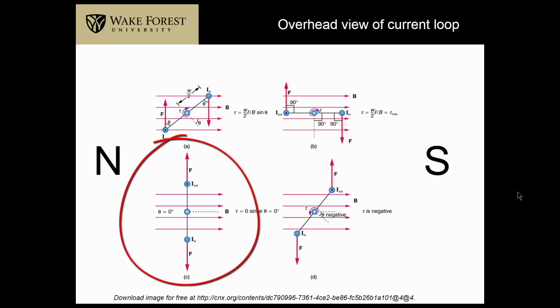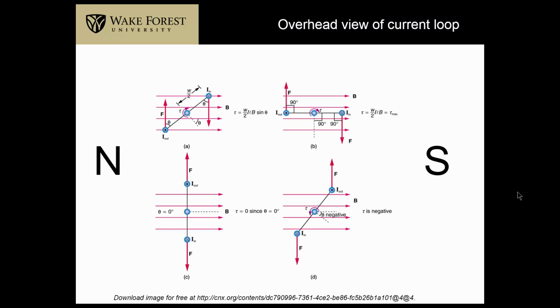Looking at this, we now have no net torque because the top wire is experiencing an upward force and the bottom wire a downward force. These two forces are tending to stretch the loop, but they are not trying to twist it. So at theta equals 0, of course, sine of 0 is 0. It's no surprise that we have no net torque.